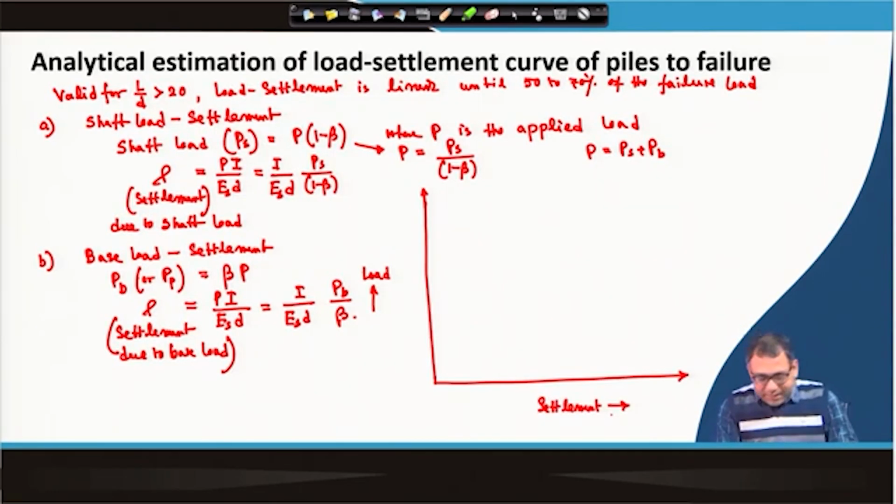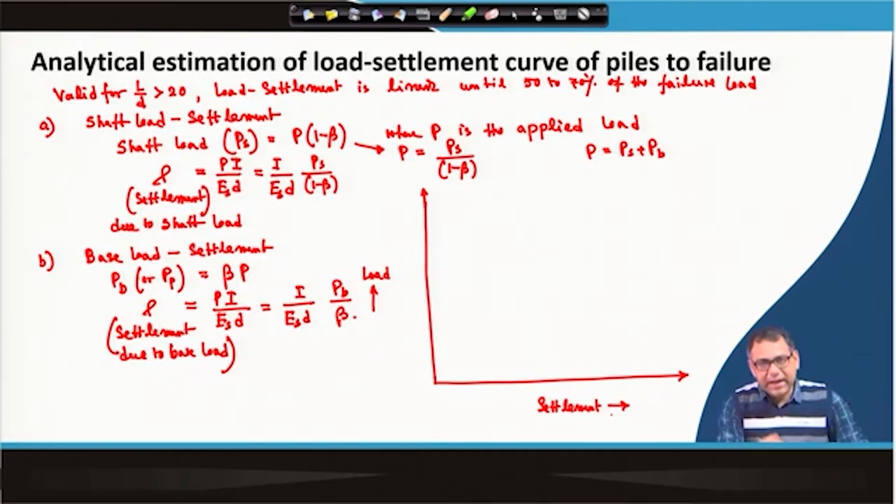As I mentioned, initially the friction resistance will be mobilized, then the tip resistance will become active. It is not that during the friction resistance mobilization there will be no tip resistance. There will be tip resistance, but that amount will be less compared to the friction resistance.